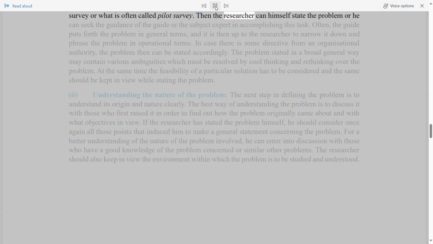Then the researcher can himself state the problem, or he can seek the guidance of the guide or the subject expert in accomplishing this task. Often, the guide puts forth the problem in general terms, and it is then up to the researcher to narrow it down and phrase the problem in operational terms.